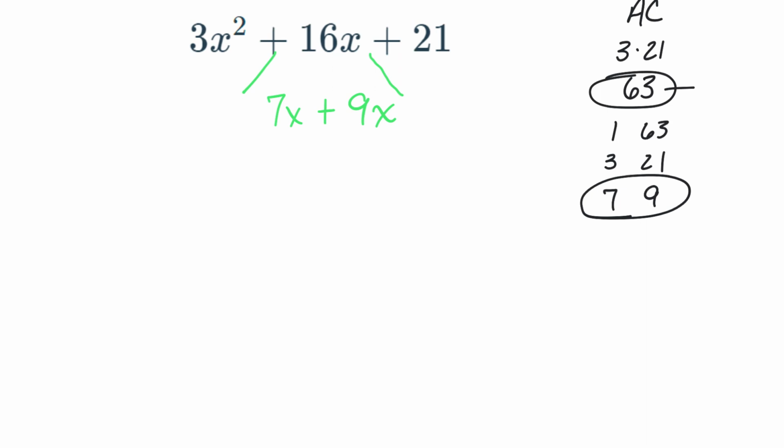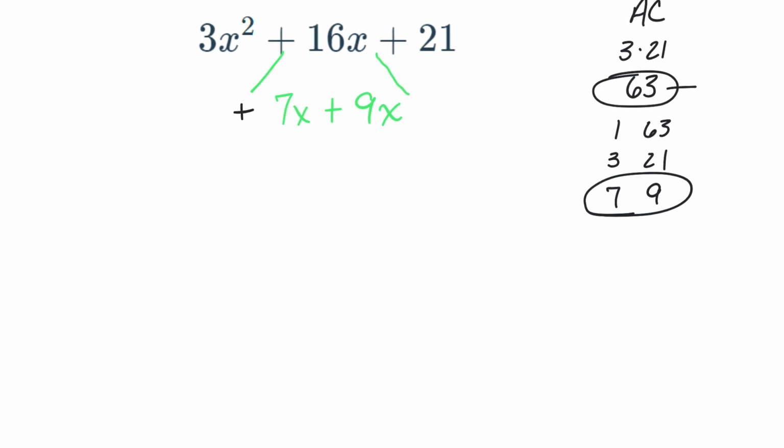And hopefully we see that 16x is 7x plus 9x. We're basically doing the complete converse of combining like terms. We're breaking these two terms up, and we have a means to an end here. This is also why it's called the split method, because we're splitting the 16 into two terms. So now we have 4 terms.